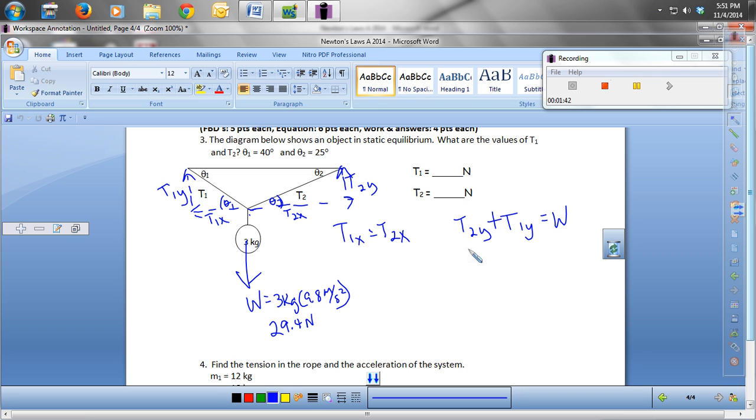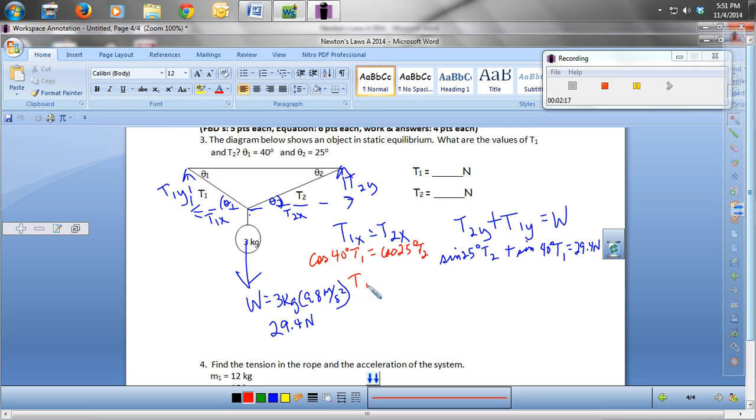So T2y is the sine of 25 degrees times T2. T1y was the sine of 40 degrees times T1, and those added up to 29.4 newtons. Alright, can't go any farther there, so I'm going to come over to my x's now. I'm going to say the cosine of 40 degrees, T1, is equal to the cosine of 25 degrees, T2.